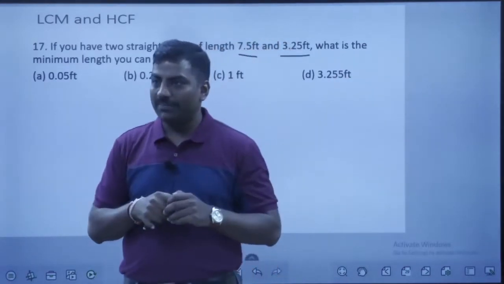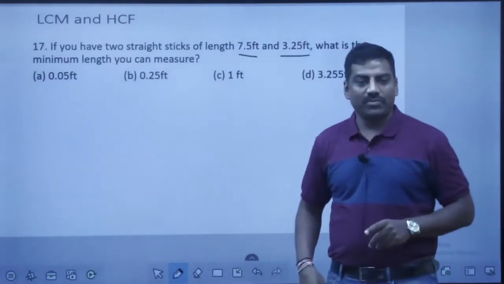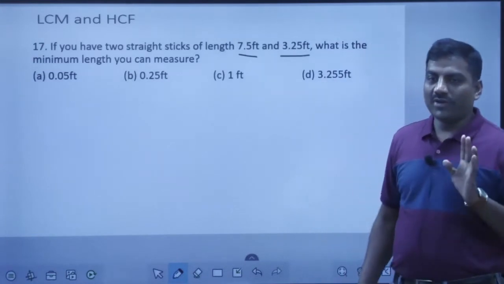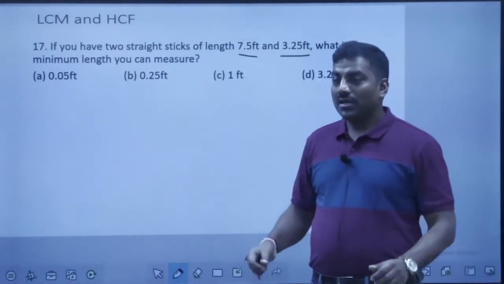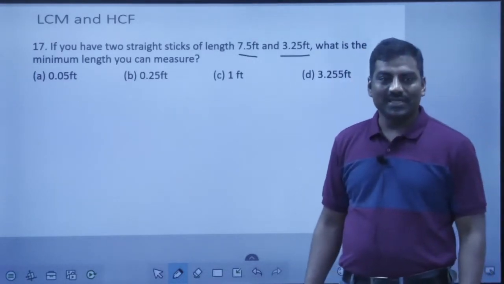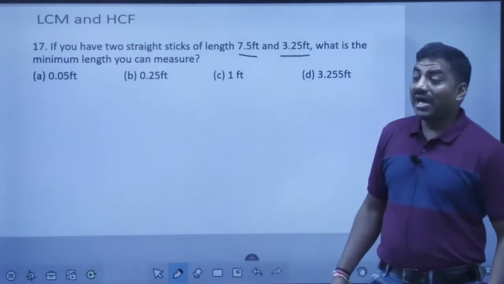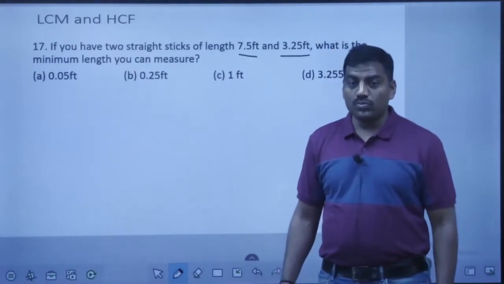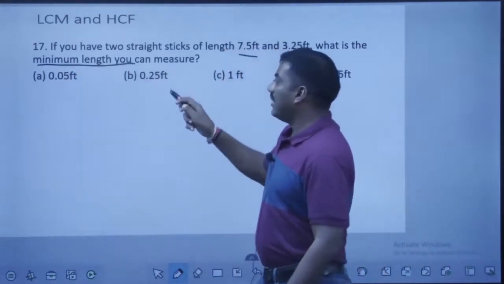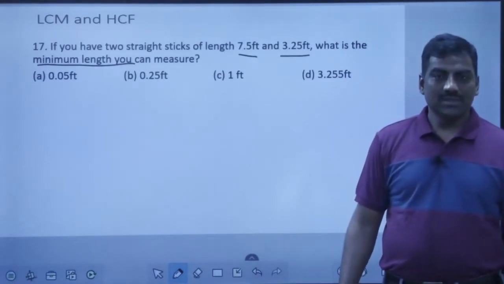One is 7.5, another is 3.25. You can only break the stick. And they are asking what is the minimum length that you can measure with these rods, with these sticks?